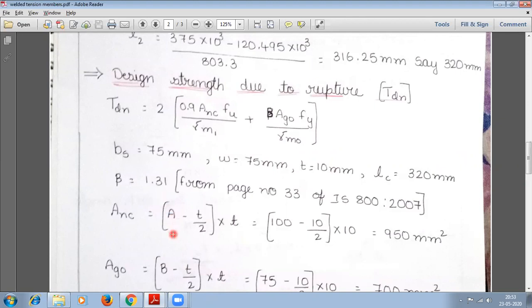Next, ANC is equal to (A minus T divided by 2) into T. As I told you earlier, if you want to find it out in an angle section like this, here you have an angle section. If you want to find the area for this particular length, what is this? 100, right?